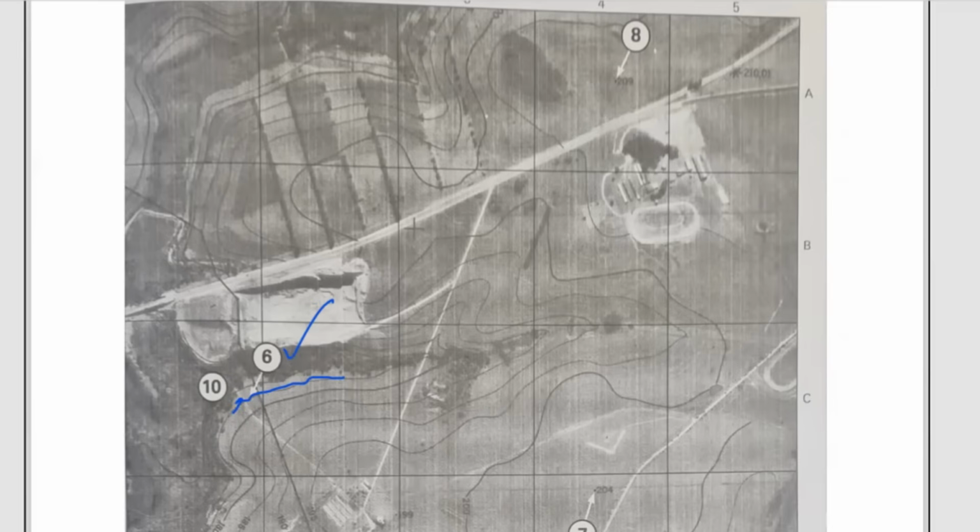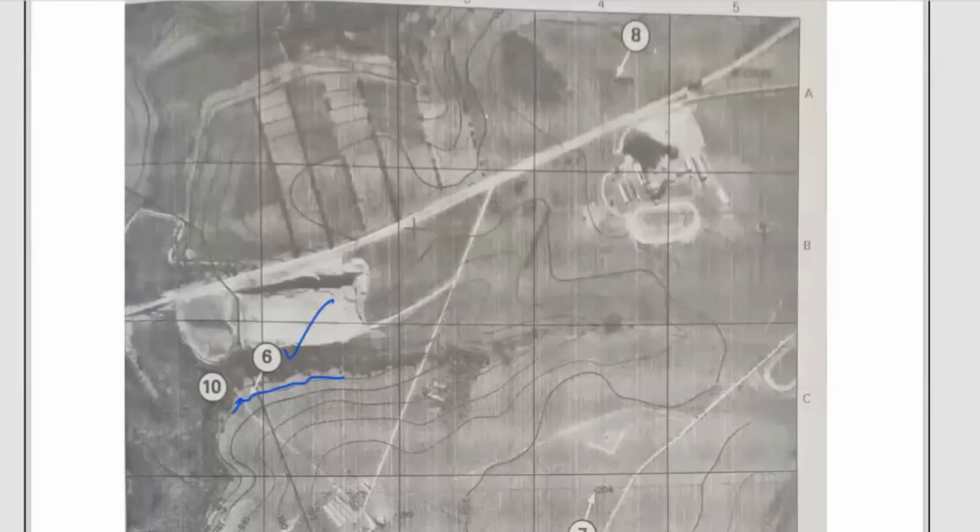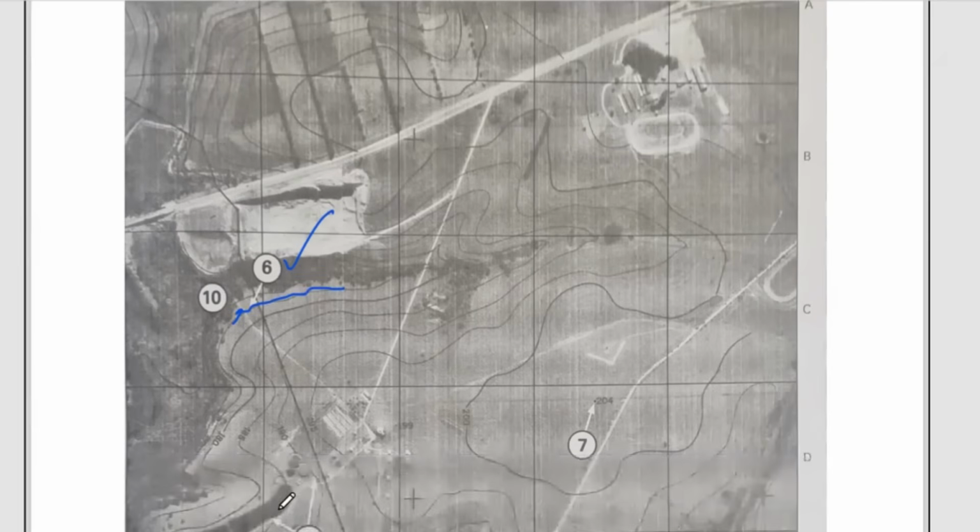Right. So if we are to check on that and we are to justify how we check the height of that particular place on 6, we need to check on the labeled contour lines. The labels are here.